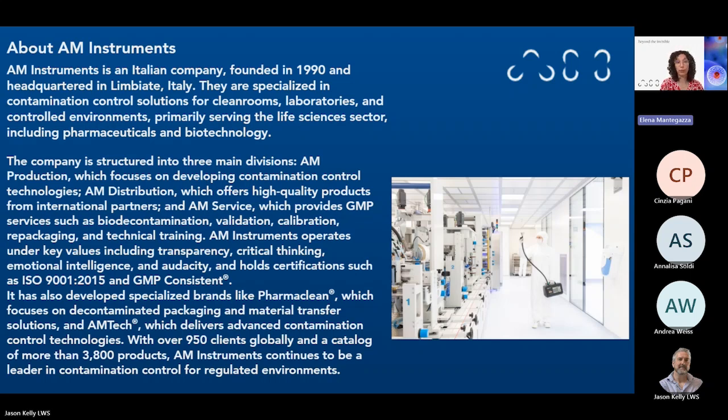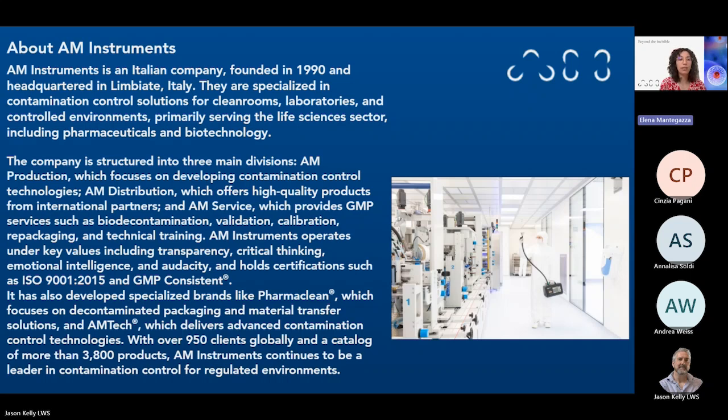We have AM production, which focuses on developing contamination control technologies. Then we have AM distribution, which offers high quality products, also thanks to our international partners. And the third one is AM service, which provides GMP services like biodecontamination, validation, repackaging, training, and calibration of instruments.